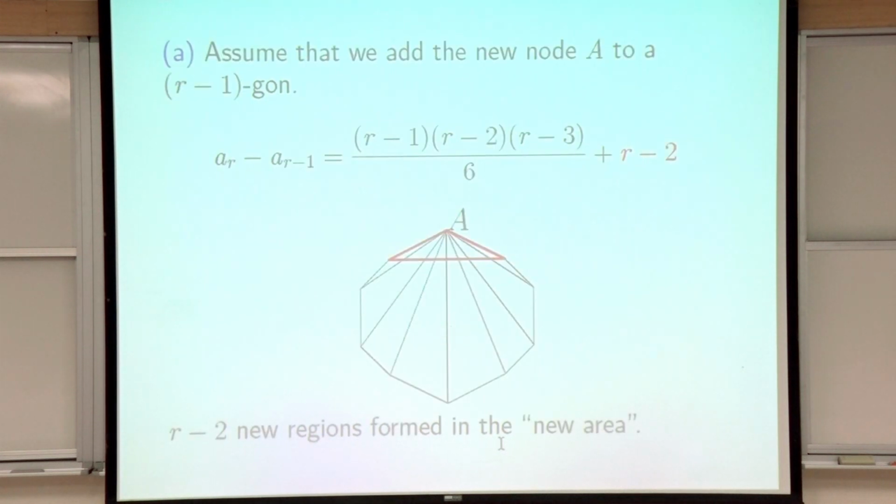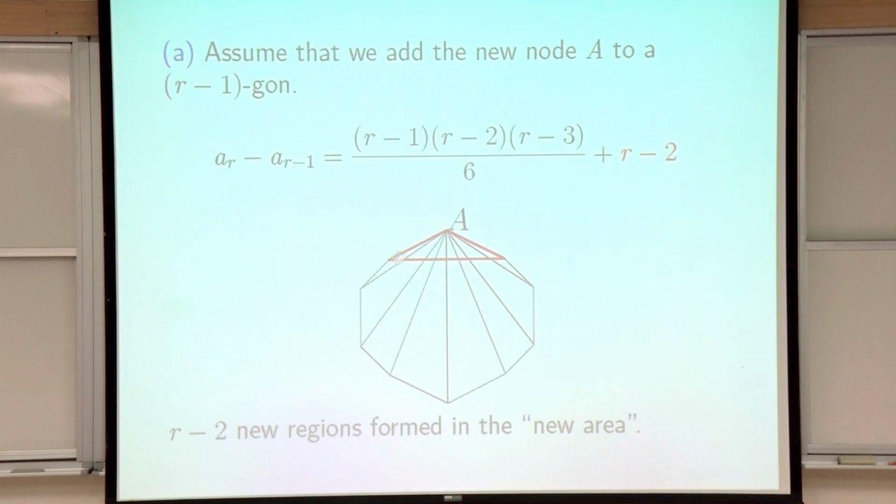So first, let me see what r minus 2 means. Assume that here we have an (r minus 1)-sided polygon. We add one new vertex to the polygon and draw all the diagonals starting from this vertex.